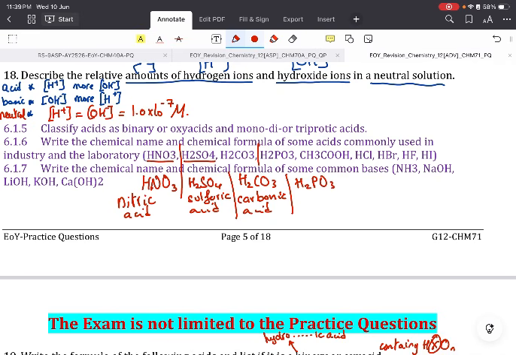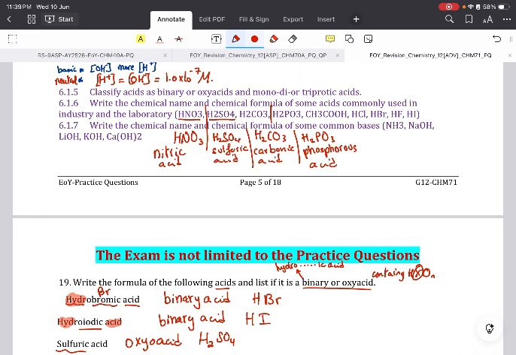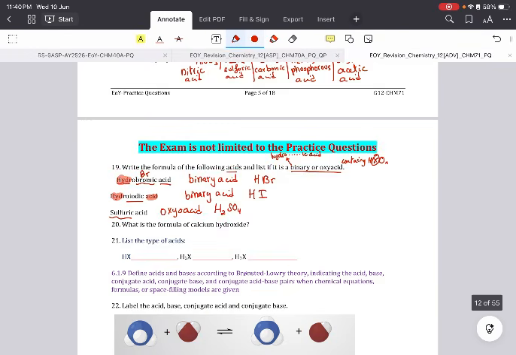H3PO3, this is phosphorous acid. Remember I told you the oxy acids could end in the termination of ic or us acid. Now the next one is acetic acid, CH3COOH. HCl is hydrochloric acid. This one, hydrobromic acid, hydrofluoric acid, hydroiodic acid.